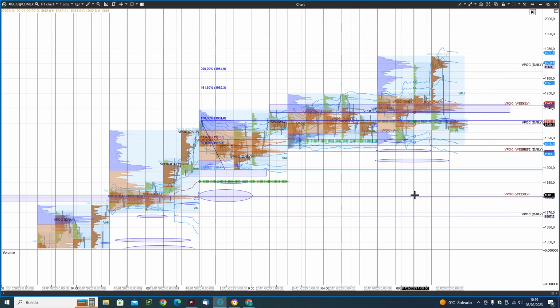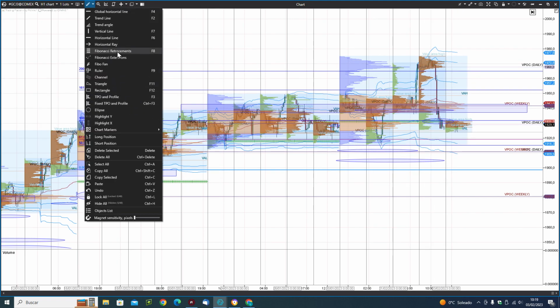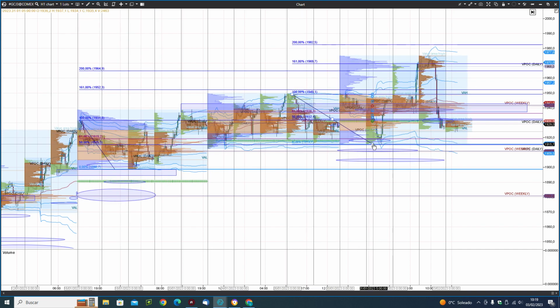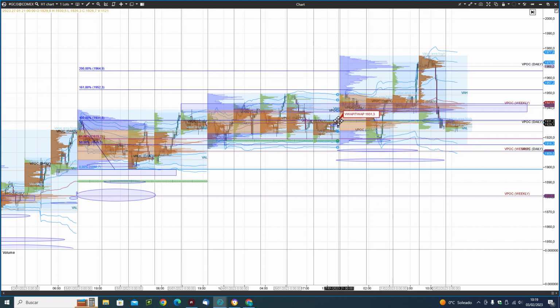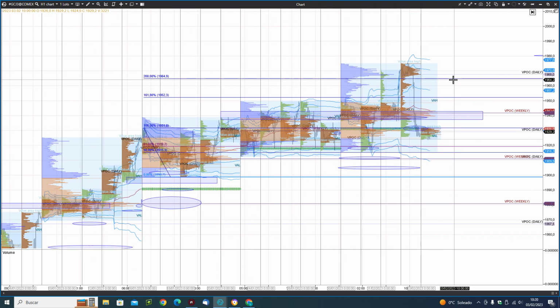Okay, let's see what happened with gold. Well, okay, gold, after touching this point, we had here a pullback, and we talk about this point, 1969, as a possible target. Okay, it was very accurate, and now the price has returned to lower levels.